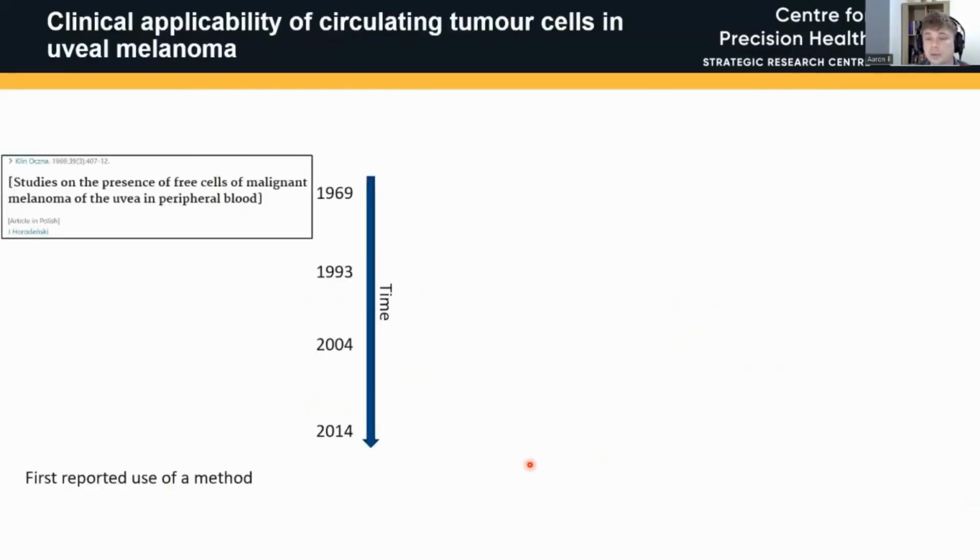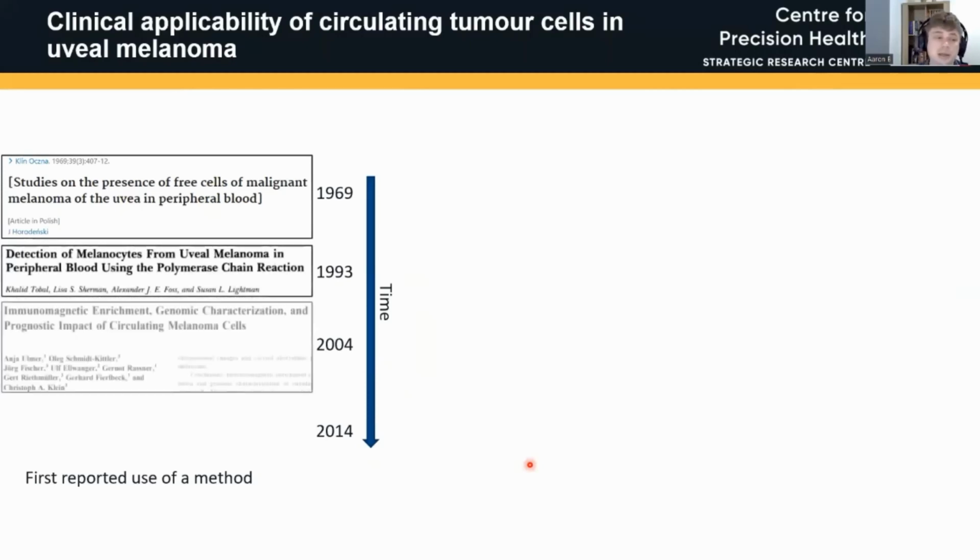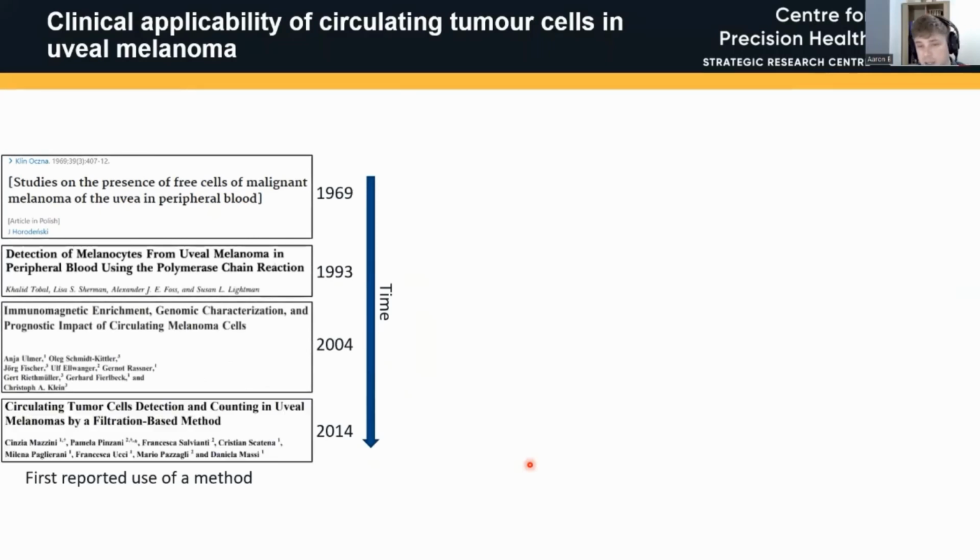And in uveal melanoma, historically, there's been quite a lot of circulating tumor cell analysis. This dates back to 1969, where the first paper described detection of circulating tumor cells using standard staining and microscopy techniques. Then this moved into RT-PCR in the 90s, and then immunomagnetic isolation in the early 2000s, and then in the 2010s, microfluidic-based methods.